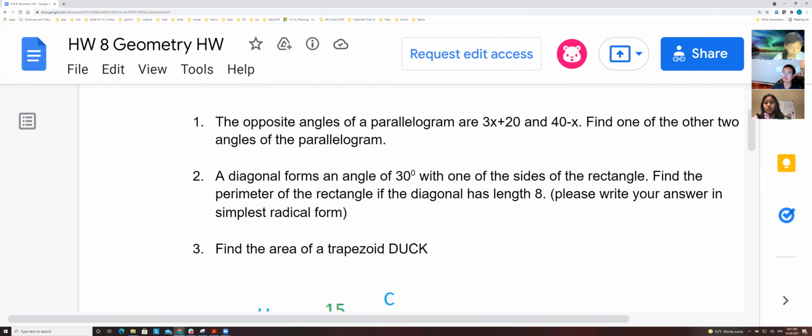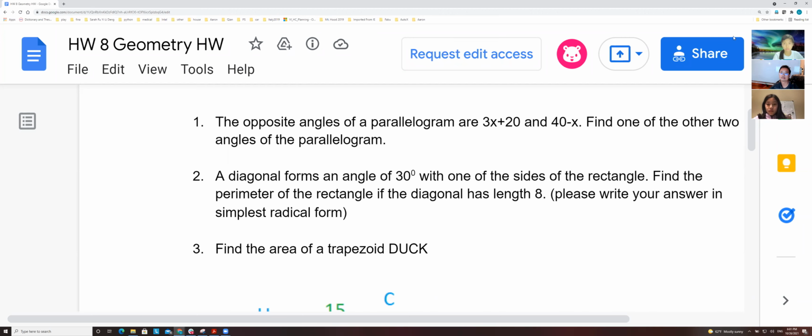If you create a diagram of the rectangle, and you put a slant diagonal through it, and one side is 30 degrees, that means the other side would be 60 degrees. You can do that vice versa using alternate angles.